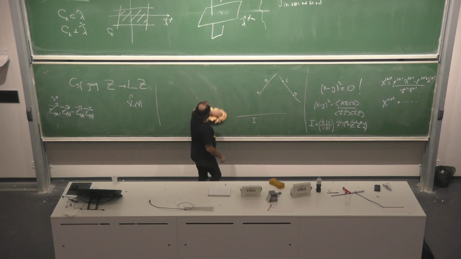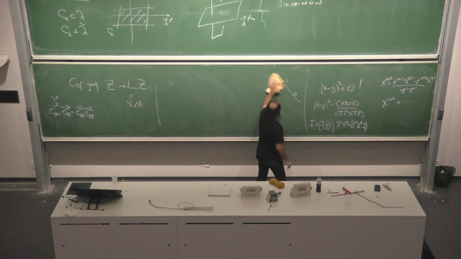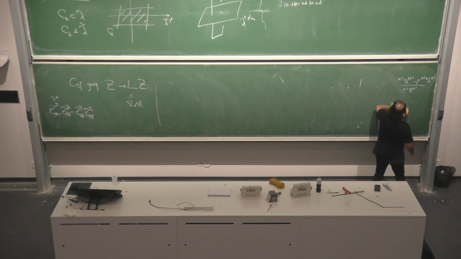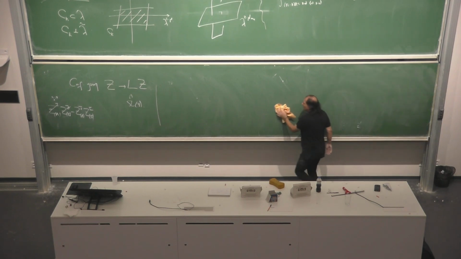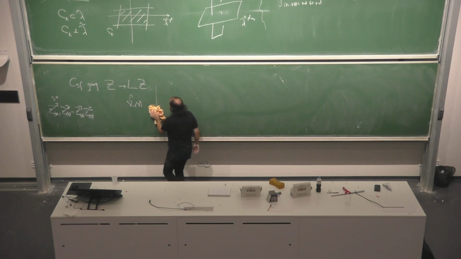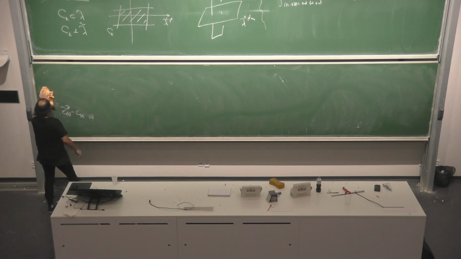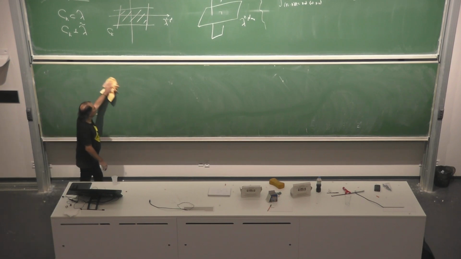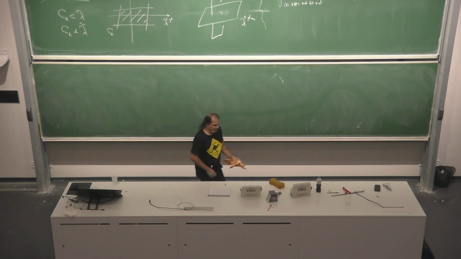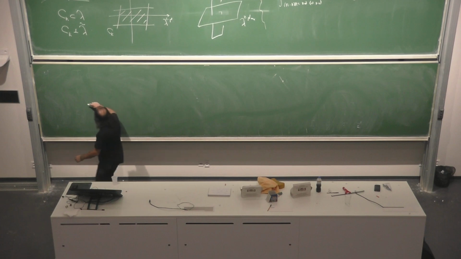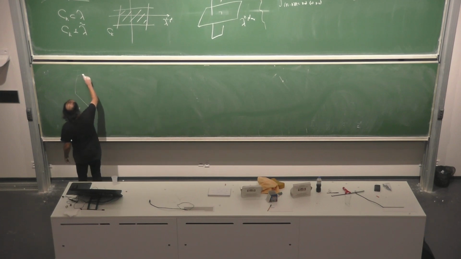But now let's go back, and now this is the payoff. Let's go back to this picture of the null polygon. And let's draw the picture in space-time first.